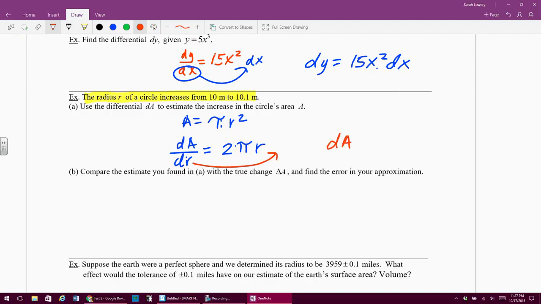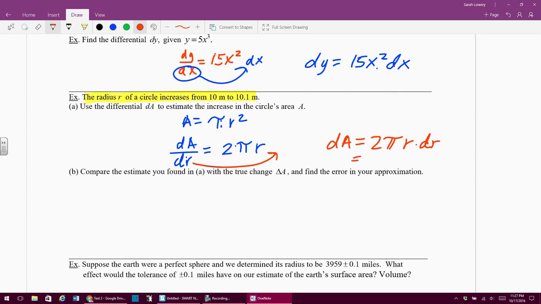I can now say that dA is equal to 2 pi r multiplied by dr. Okay, so this is a formula that represents the differential dA. Now, I can use this as an estimate for the increase in area, because dA literally means change in area.